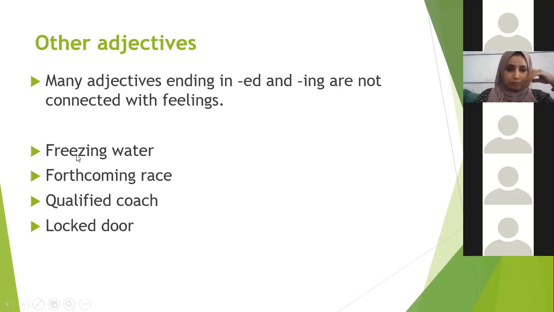Like the freezing water, forthcoming race, qualified coach, locked door. So freezing -ing, forthcoming -ing, qualified -ed, locked -ed. However, they have nothing to do with feelings. So it's not the case all the time that whenever I have an -ing or -ed adjective, then I'm talking about feelings.